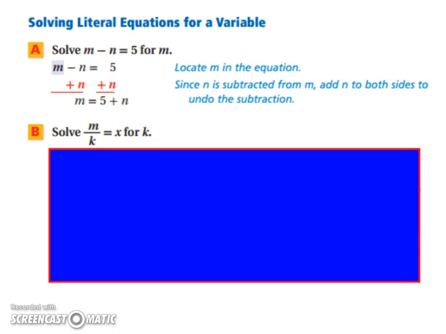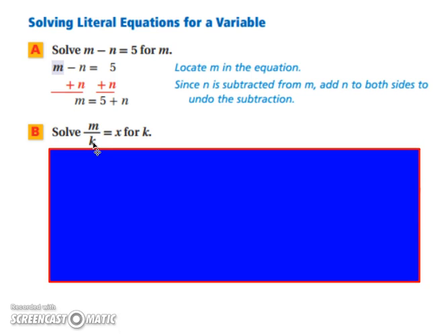If you did, congratulations. B is a little bit trickier. It wants you to solve for k, and k is in the denominator. All of our previous problems we've done, we haven't had to move the variable that we're trying to solve for. But you can't leave the k on the bottom or in the denominator and be able to solve for it.